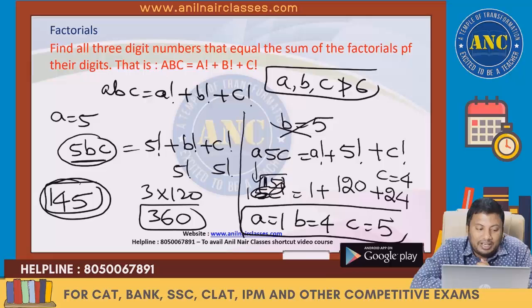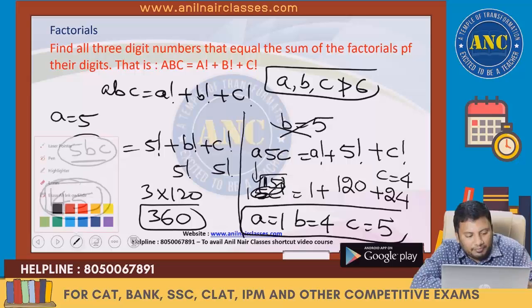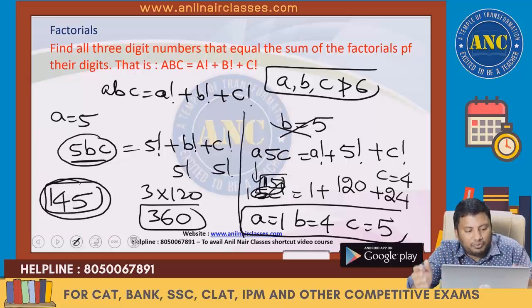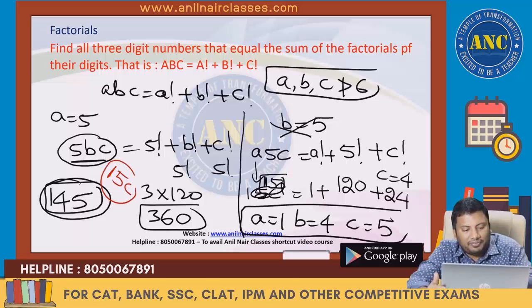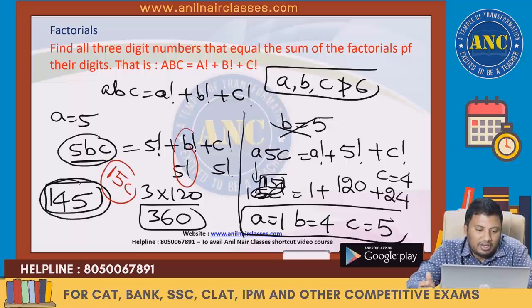So A value 5 is not possible. If I keep B value 5, that will become 15C. 5 factorial is 120.